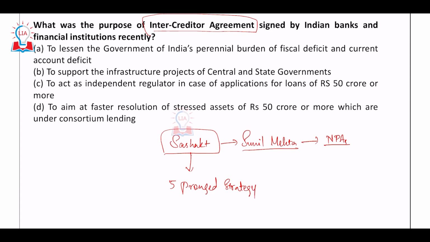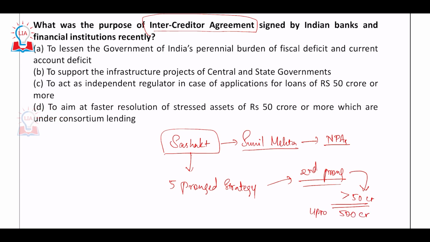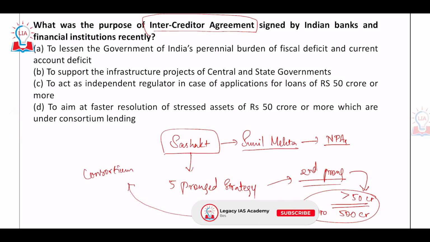Out of this 5-pronged strategy, there was a second prong. The second prong belonged to the idea that whenever the stressed assets are more than 50 crore rupees, up to 500 crore rupees, in such situations, there will be a consortium, that is committee of creditors, let's say.